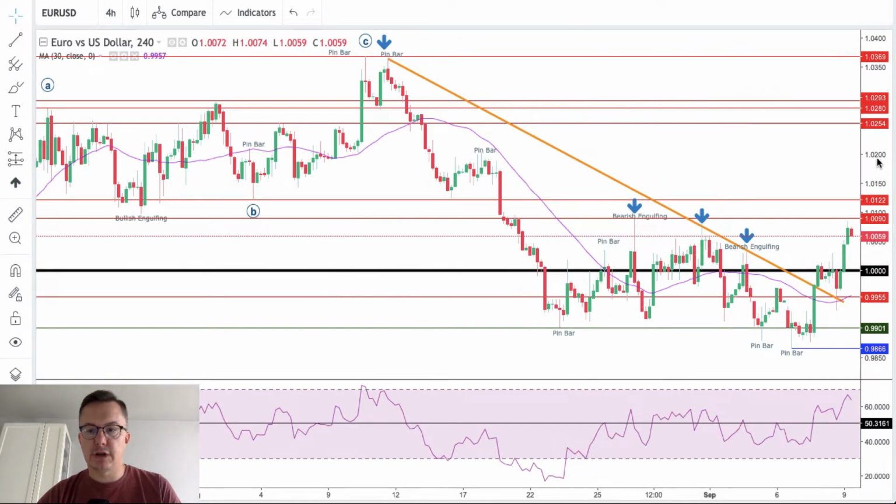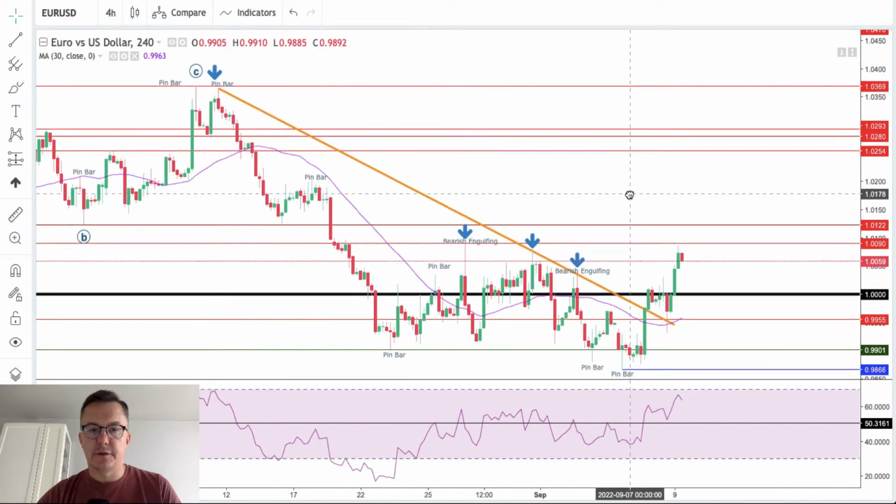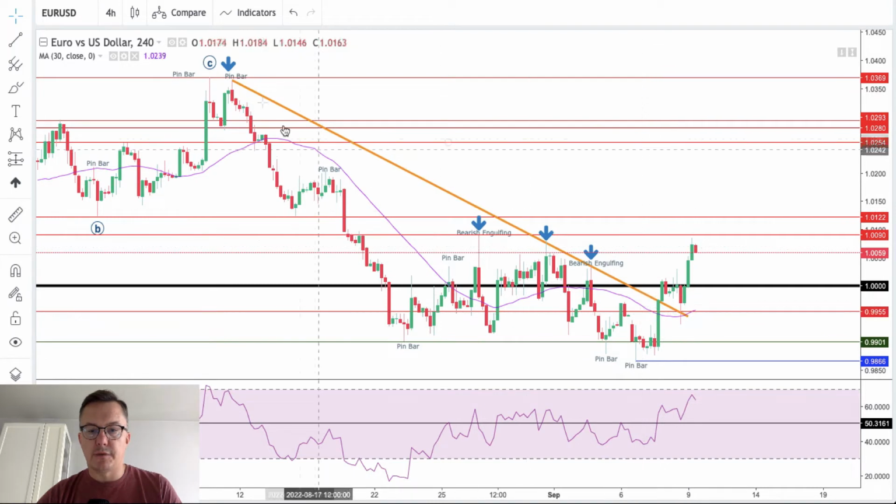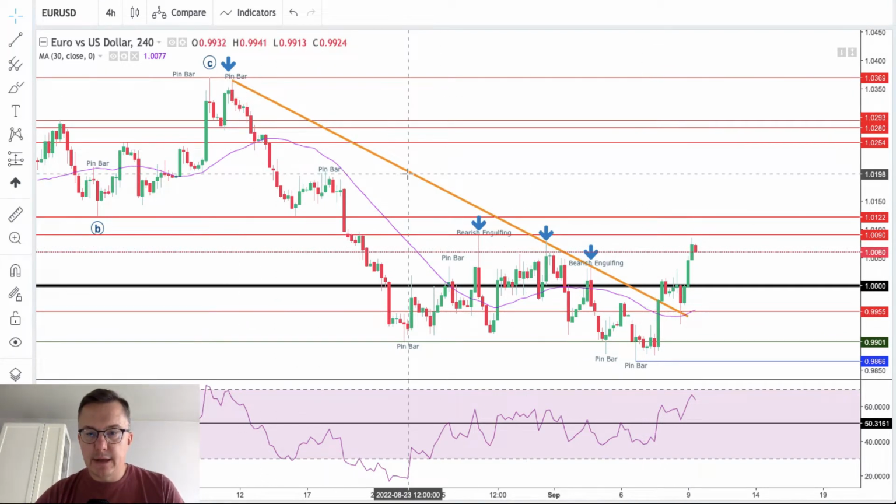Euro dollar on our chart is showing signs of a relief rally. We have broken above the short-term trend line here and currently tested it, and currently we are heading towards the next technical resistance, 1.0090.